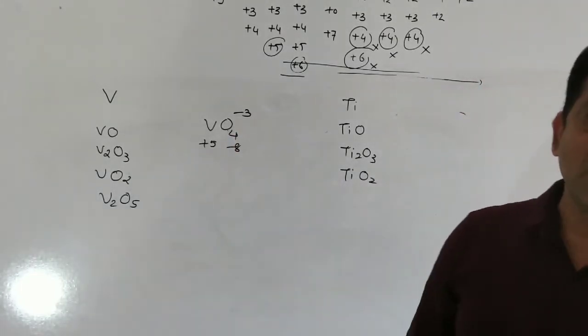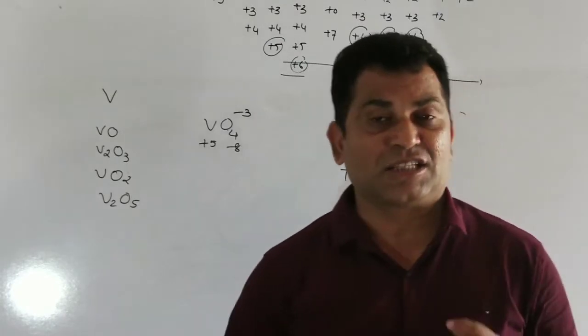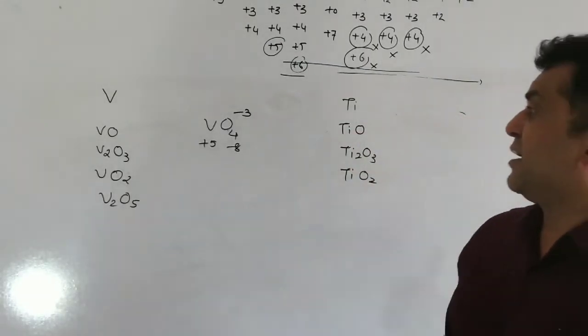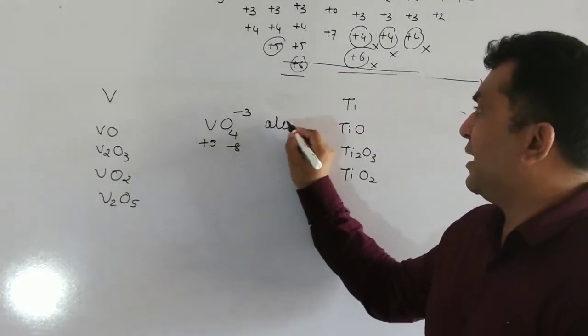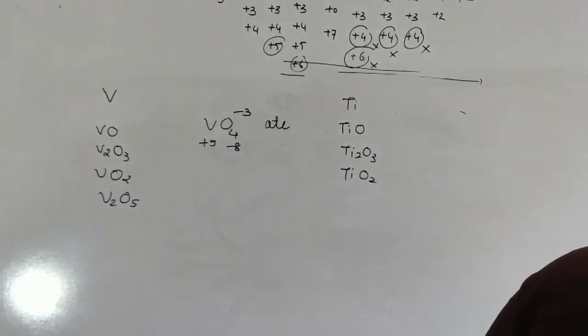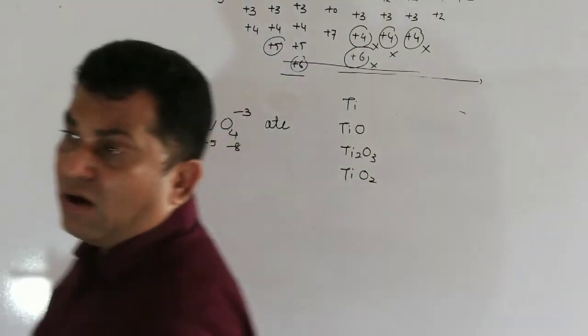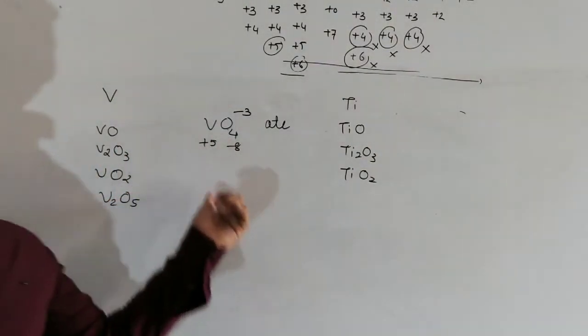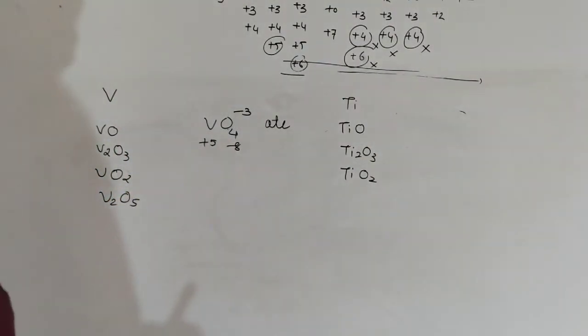And what should be the name of this? The highest oxidation state is +5, and that's why we make the name with this. So I hope that you understand how the vanadium is producing the negative ion.